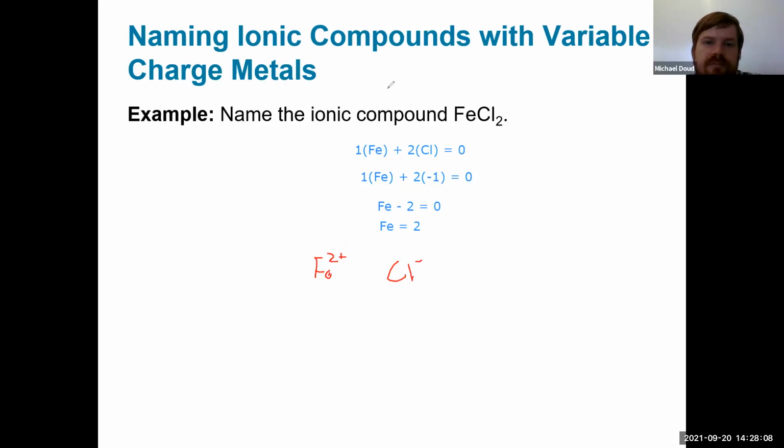That's better. Okay, so now we're ready to name. Because we have our cation, we have our anion. Well, what's the name of this cation? It's iron, right? And then in Roman numerals afterwards, we have a 2+ charge, so we put Roman numeral 2, followed by the name for Cl minus, which is chloride. So the correct answer is iron 2 chloride.